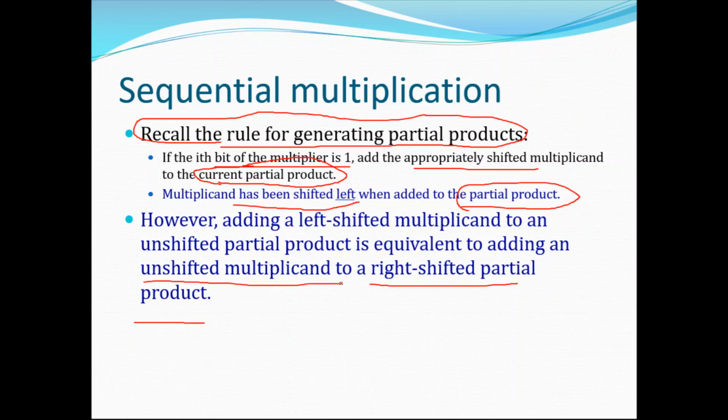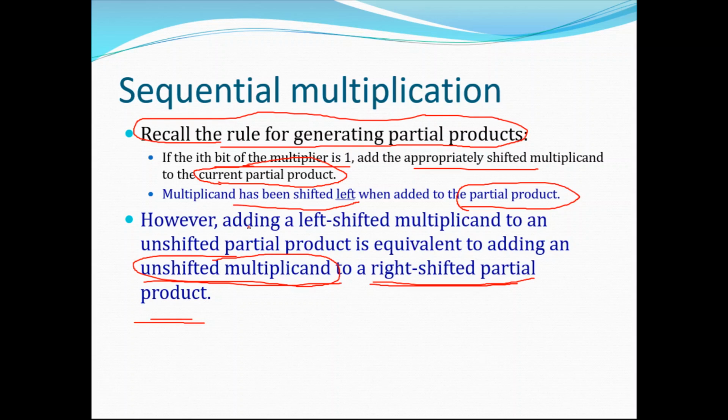In combinatorial circuit what we did, we shifted the multiplicand to the left by I times and added with the partial product. In sequential circuit, we right shift the partial product by I times and add it with the unshifted multiplicand. This is the rule, we are just going to reverse the rule.